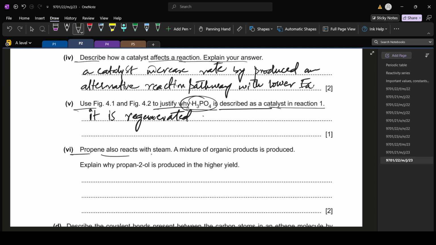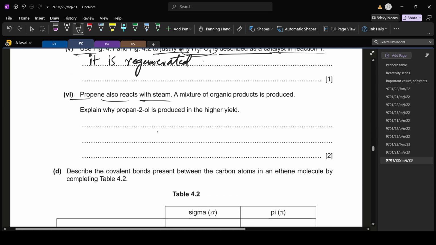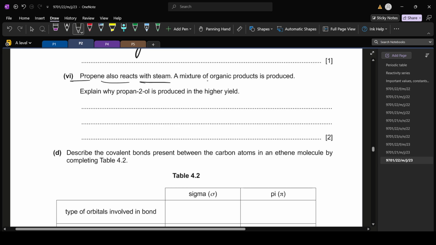Now propene also reacts with steam, and a mixture of organic products is produced. Explain why propan-2-ol is produced in higher concentration. This is the structure of propene, CH3.